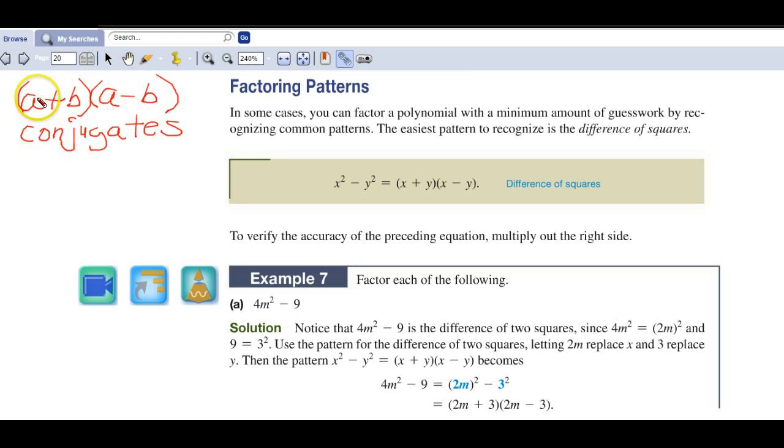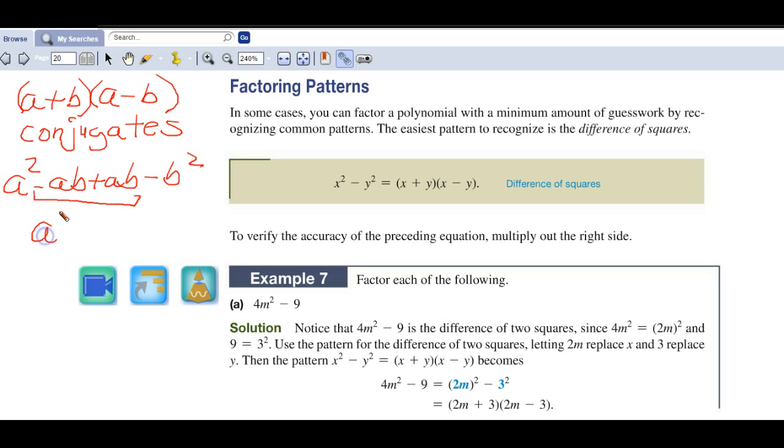Conjugates. Now, when you FOIL conjugates, an interesting thing happens. So let's FOIL this. A squared, outers a negative AB, inners a positive AB, last a negative B squared. When you FOIL conjugates, notice what happens to the inner terms. They just cancel out.